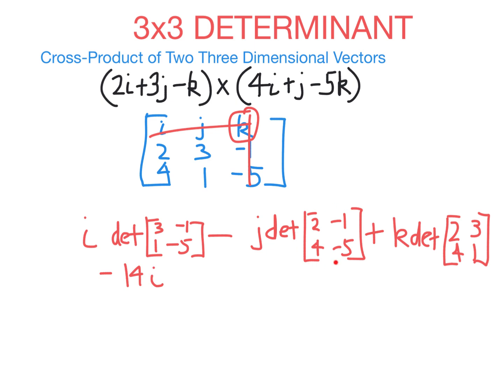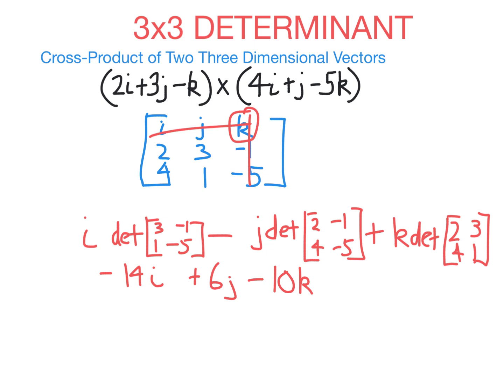Then the determinant of this matrix, -10 subtract -4, which is -6. Of course, we now have two negatives. It becomes +6J. And for the last one, 2 times 1 minus 3 times 4, that gives you -10. So we have -10K. So that's how you calculate the cross product.